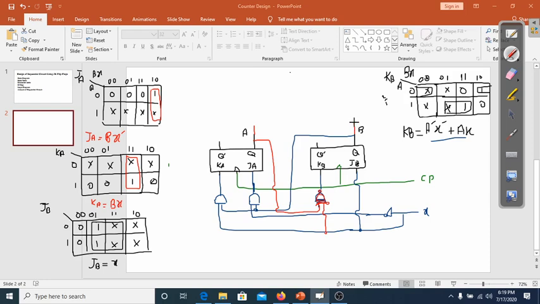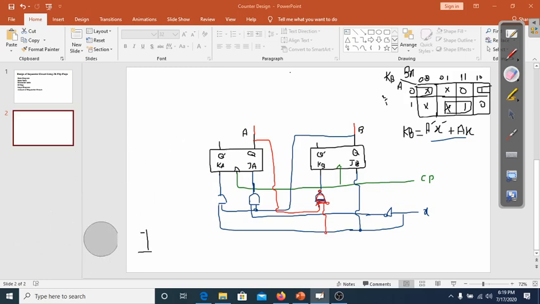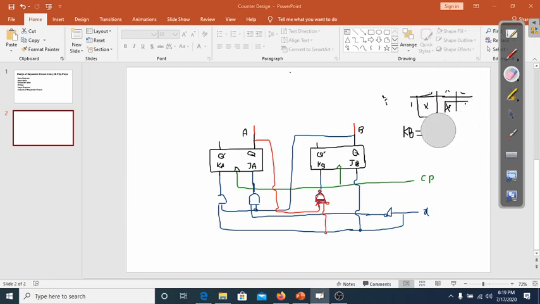Now we can analyze this logic diagram. So the given table was like this. Let me erase these K map, Karnaugh map. Let me analyze whether this is working or not.